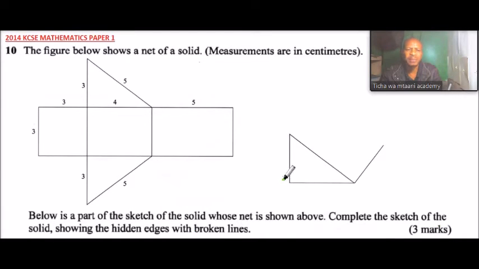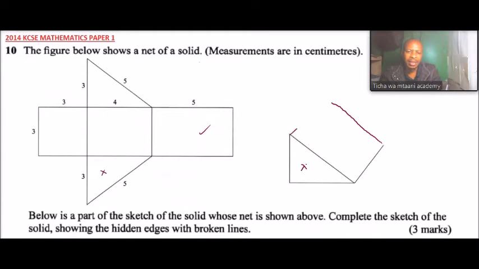So this is very simple. We can see we have been shown the part of the solid that is to be formed. And actually, if you look at this side, it is this side which has been turned up. So it means that if we turn up this side, then that side will be like that. Then we fold this one so that it lies here.